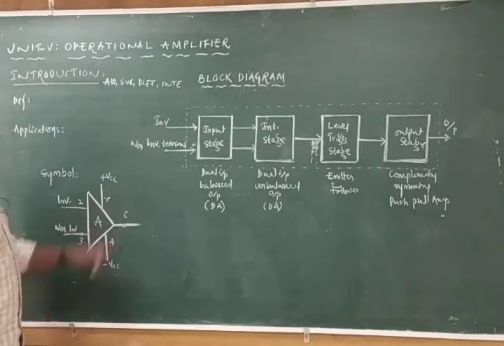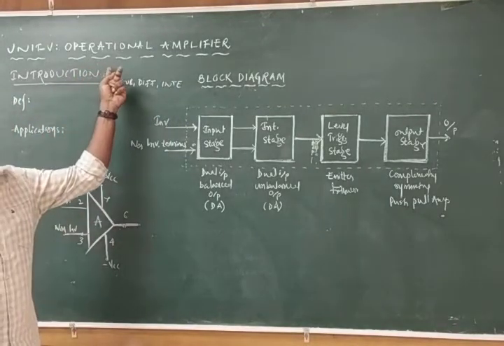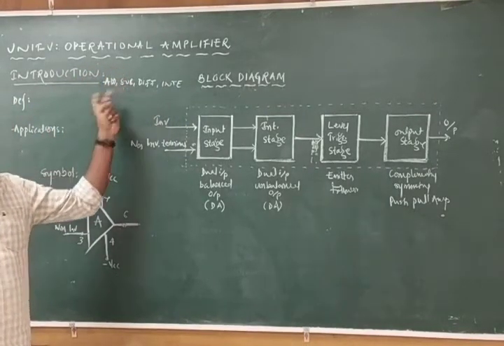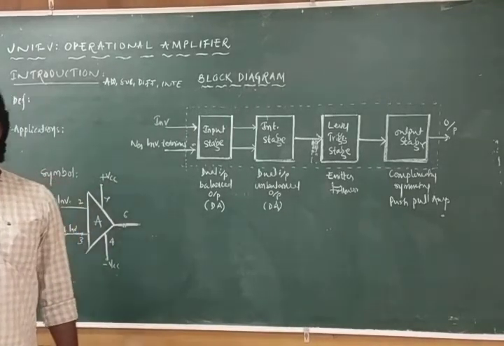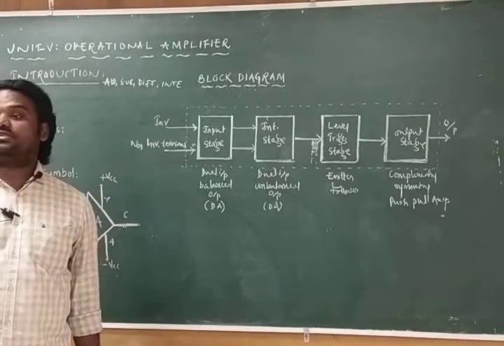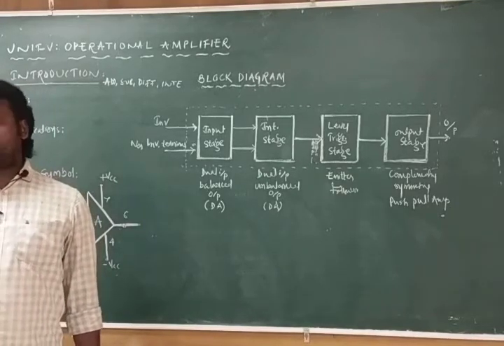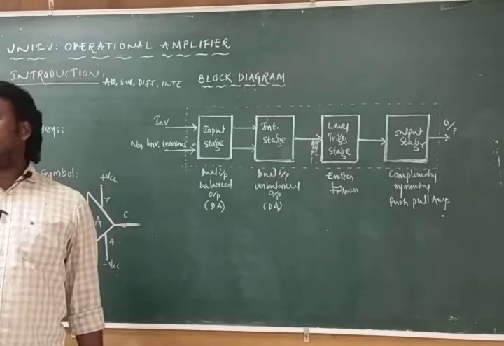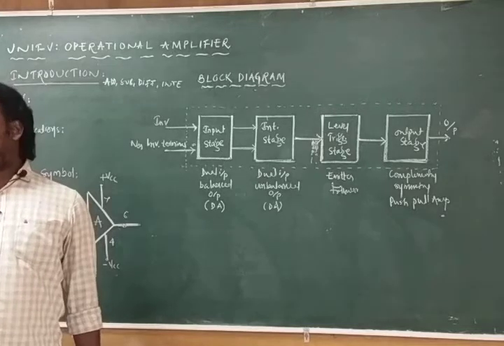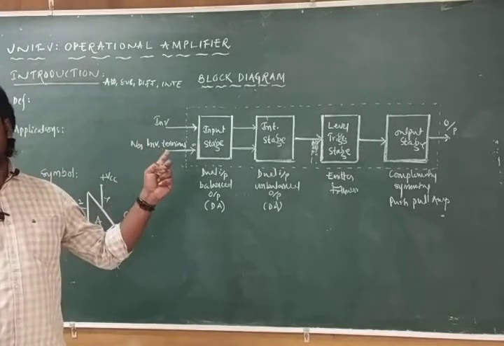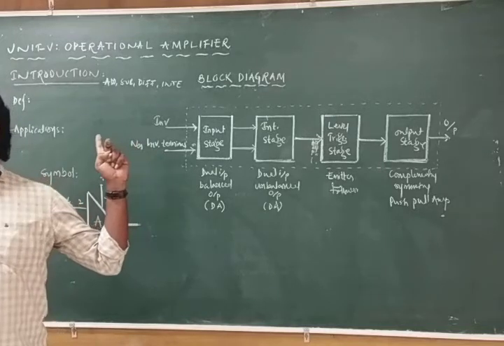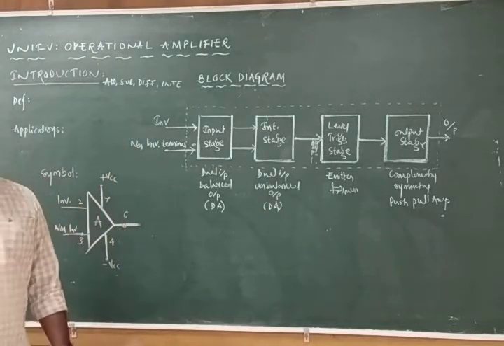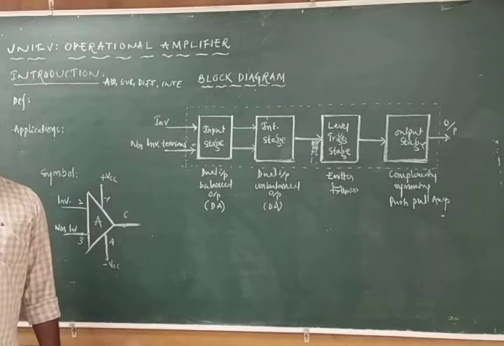So this operational amplifier was invented to accomplish these mathematical operations, so it is named as operational amplifier. It is one class of amplifier invented to accomplish addition, subtraction, integration and differentiation.